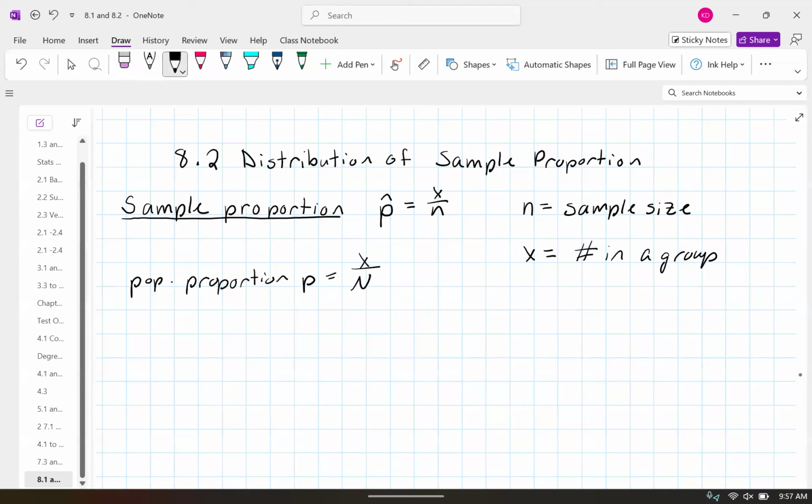It's assumed. So they'll say 15% of Americans think this. That's the thing we're comparing it to, the assumption, for whatever, or old data or something like that. So like I said, we usually don't calculate that one, but we can. If they give you a percent, we want this in decimal.